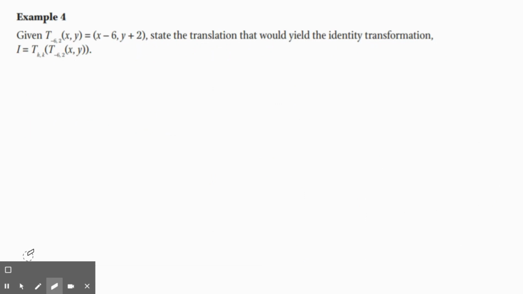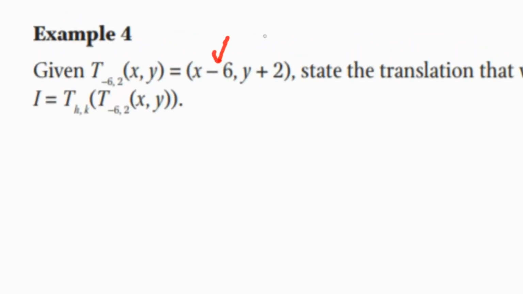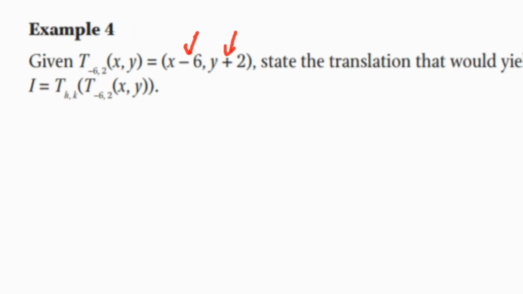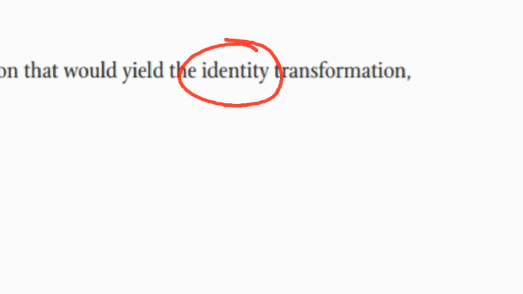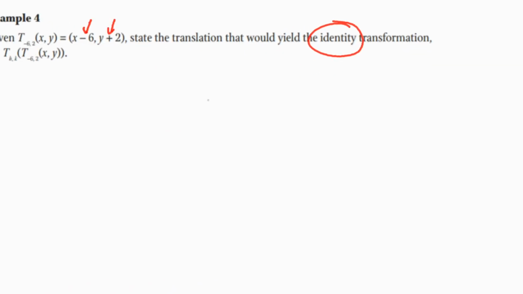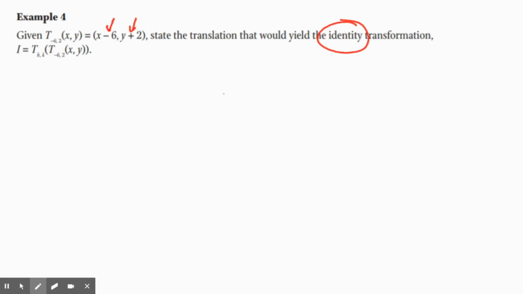And finally, it says, given that T is -6, 2, in other words, you're going to be subtracting 6 from the x value, adding 2 to the y value, state the translation that would yield the identity. Now, an identity transformation means it will take the original object back to where it started from. So let's think about this here.